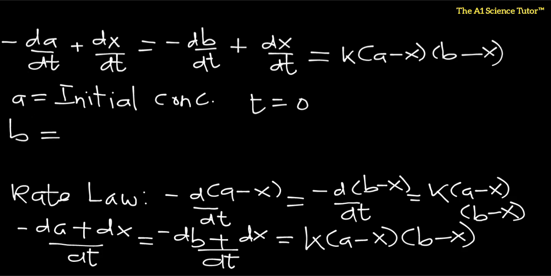B would also be a constant because it's the initial concentration for the reactant B. This is for the reactant A, and B is the initial concentration for the reactant B. So in that case, since we have these quantities written from the beginning as t equal to 0, they are quantities which are there when the time is equal to 0, and that means they are constants because there is no change happening with them.